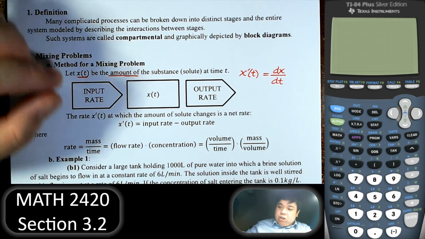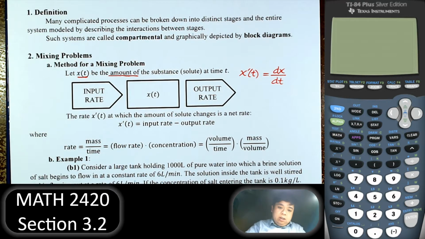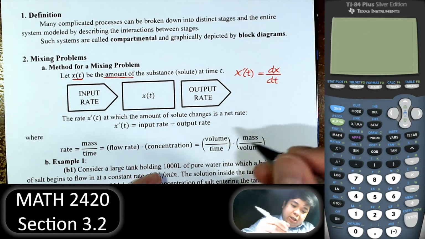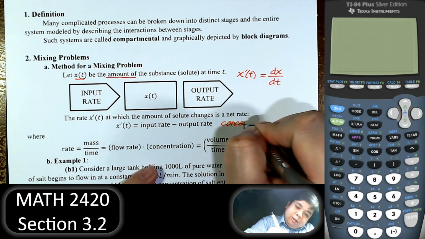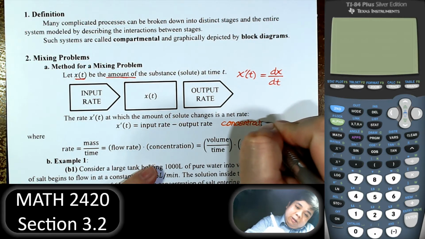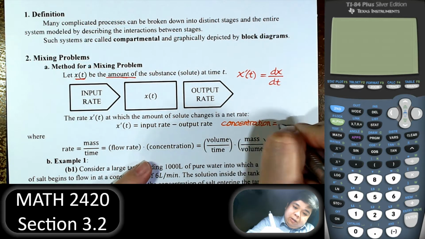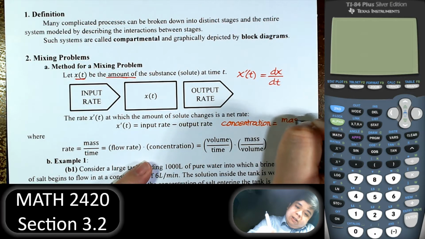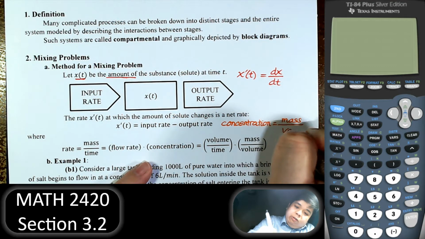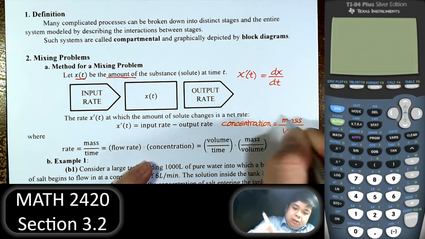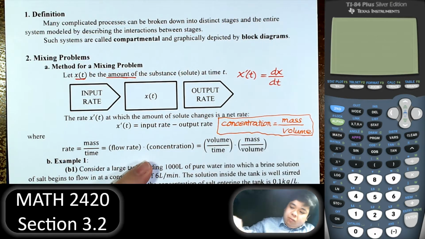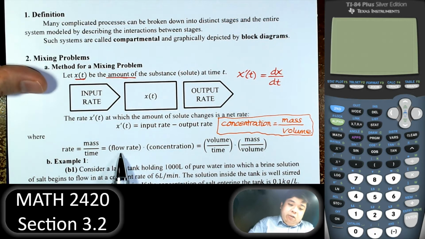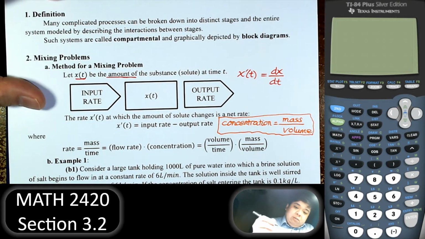So let me write those two important formulas. Concentration is the mass over volume. And then the flow rate is the volume over time.